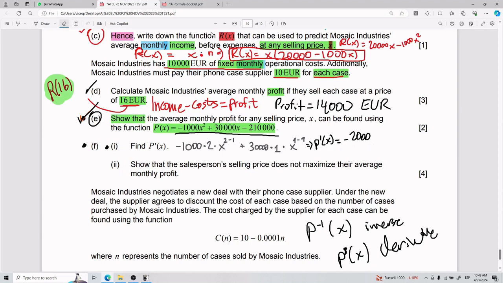So negative 2,000x plus this 30,000 that you see here, plus 30,000. And because you had x to the power of 1 minus 1, you end up with x to the power of 0. And anything to the power of 0 is just going to be 1. So it's 30,000 times 1. That is your derivative in this case.